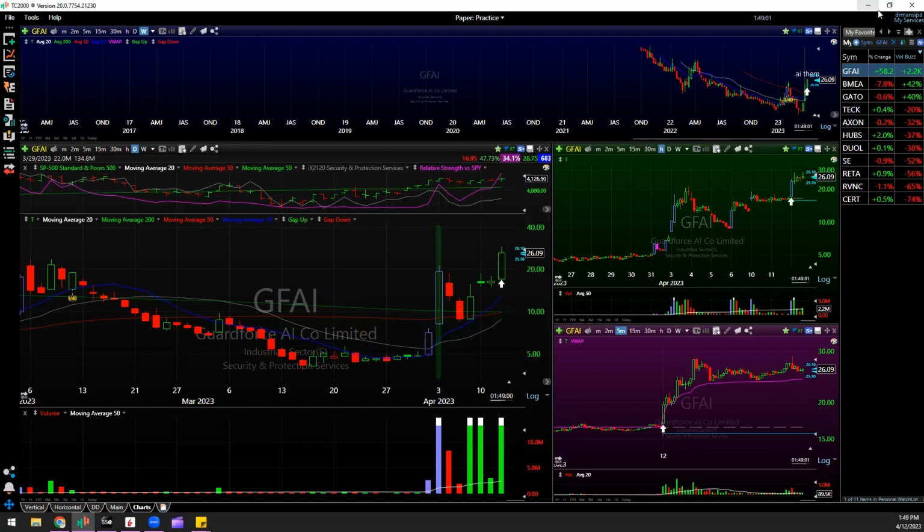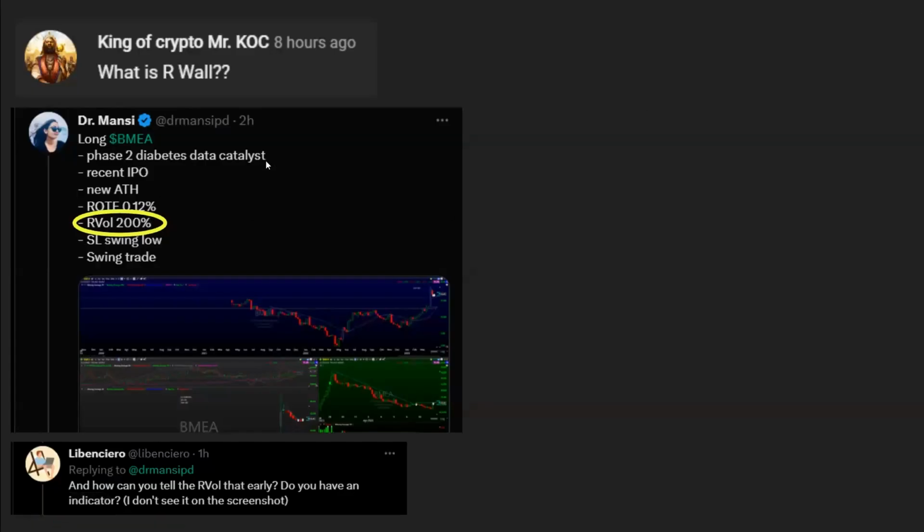Are we trading higher volumes so far than we usually trade up until this time or not? So that is how I figure out what the RVol is likely to be at any given time. Like in this trade, which was taken at, I think, 10 or 11 a.m., it was able to project that the volume at the end of the day would be double the average volume.